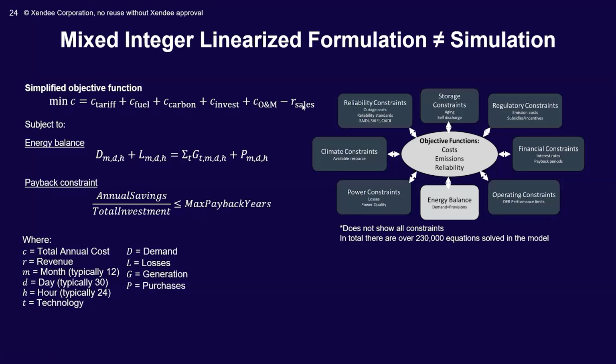Now we are minimizing this objective function by varying all these different capacities and operational levels so that we can minimize the costs and at the same time fulfill the energy balance. That's what's done in an automated fashion in the background that you're not seeing. This is why when you run an optimization, you see something like 200 equations have been considered at the top, or how many millions of variables it went through, because it's actually testing all these combinations for you to minimize the costs and fulfill the energy balance.